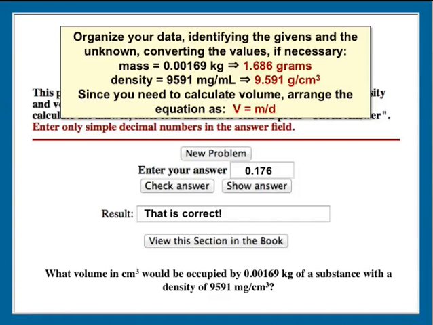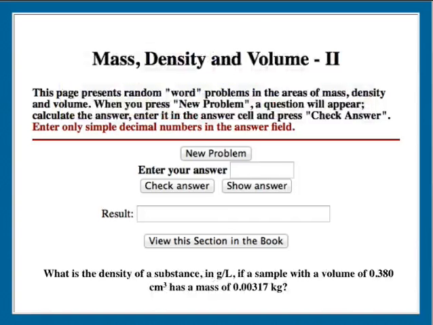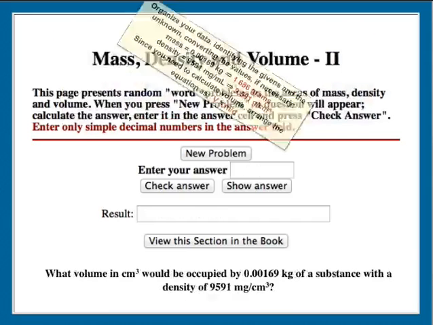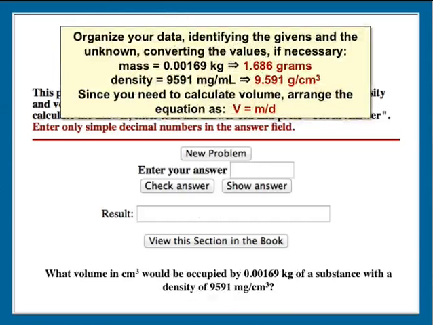I have a question. When you convert the kilos to grams, why here is 686, not 1690? The kilos to grams. Oh, here. Well, let's see, 690.